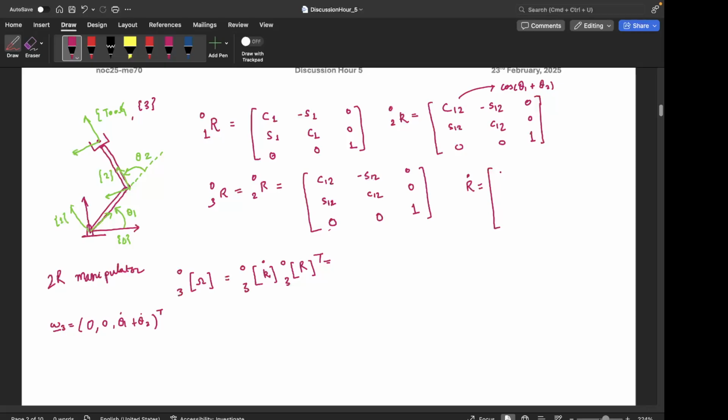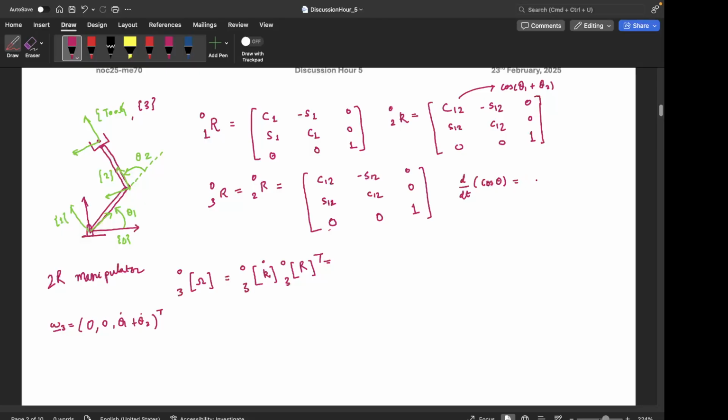Okay, let's see. Or we can just first do it for a term, right? So what we want to do is d by dt of, let's say, cos theta. How can we do d by dt of cos theta?